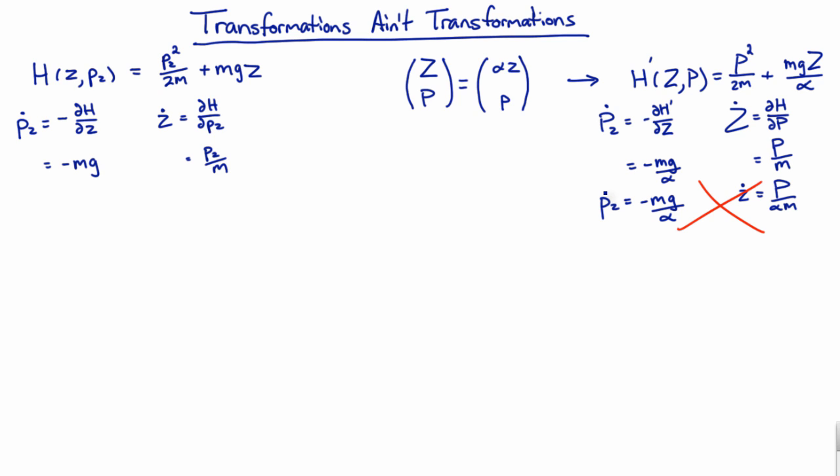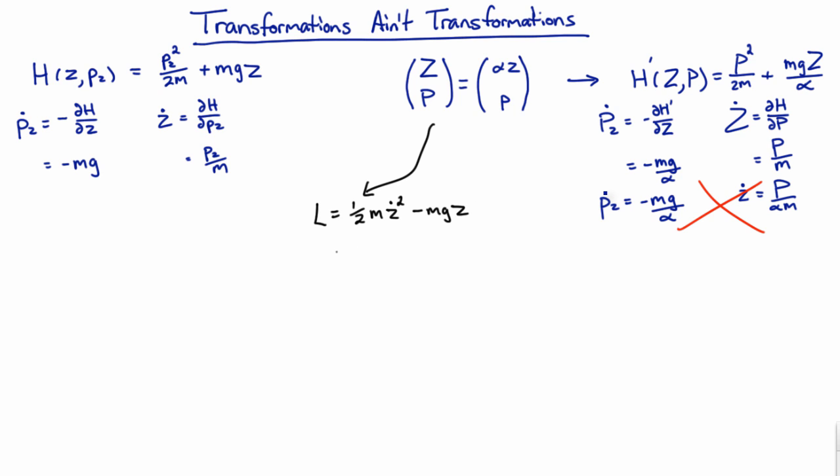So this is the long and correct way of doing this problem. If you want to make this transformation, you do that for the Lagrangian instead. So the Lagrangian, remember, which would have been kinetic energy minus potential energy, so it was a half m little z dot squared minus mgz.